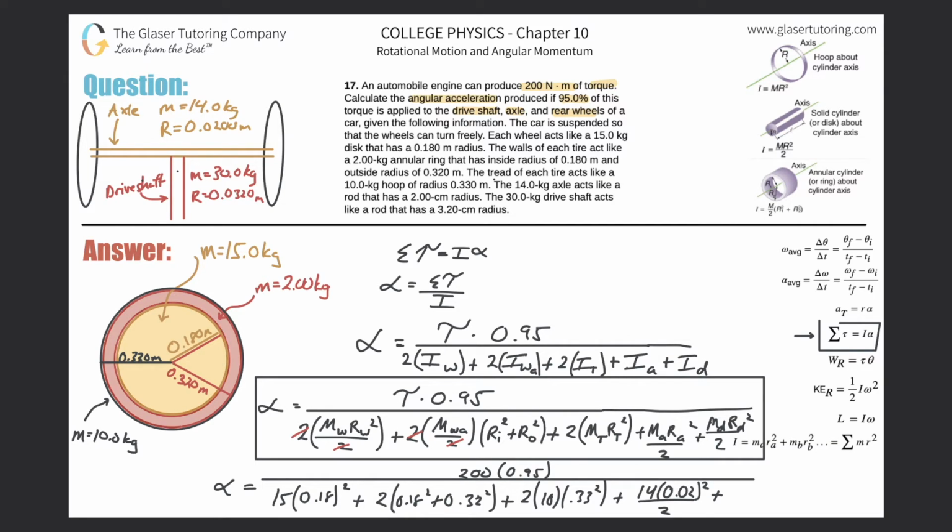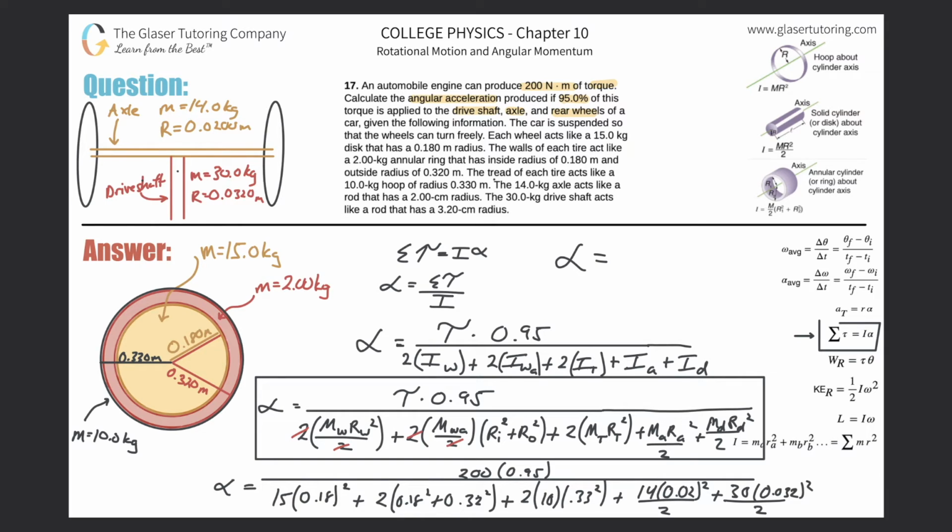And then plus the drive shaft: the mass is 30 kilograms, the radius is 0.032 meters, squared, all divided by 2.